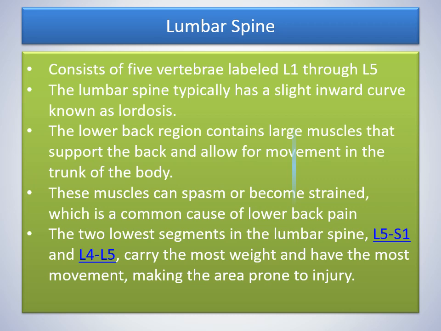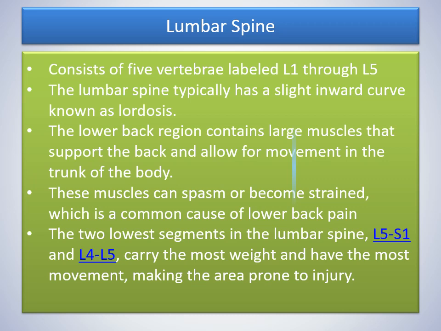The lumbar spine typically has a slight inward curvature, also called lordosis, which should be normal. Too much will be abnormal lordosis, or you can have more of a flat lower back, which is also abnormal. The lower back region, which contains large muscles, helps to support the back and allow the movement of the trunk of the body, also the hip.